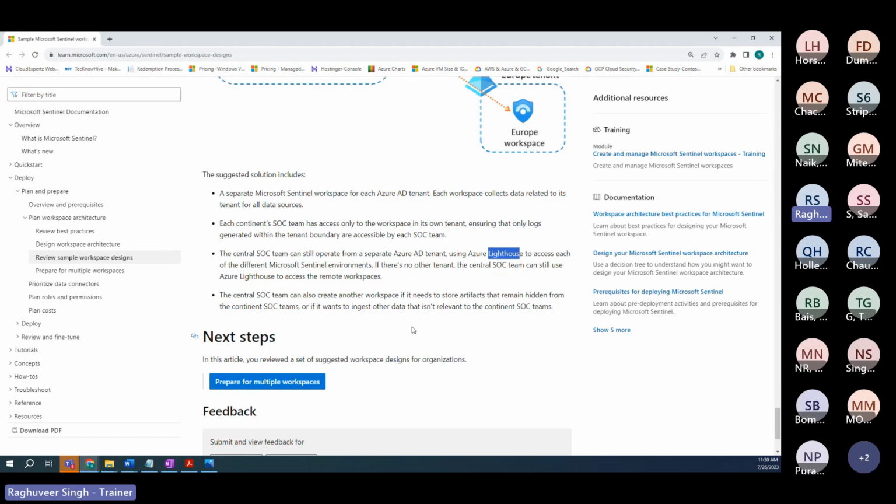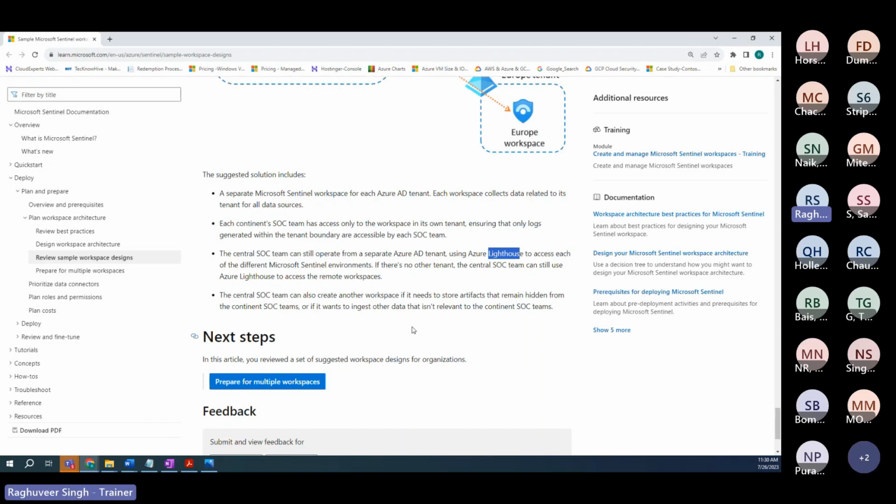For example, for one customer, you're only acting as L1. So your job is to only read the logs and forward them to the concerned team. For the other customer, you are also acting as L2, wherein you are also an incident responder. So you will need some level of access to their environment. For the third customer, you are acting as L3, which means you have L1, L2, and L3 working for the customer. So you need more access.